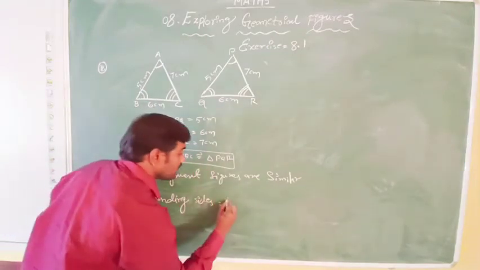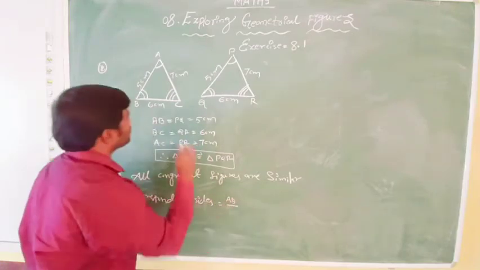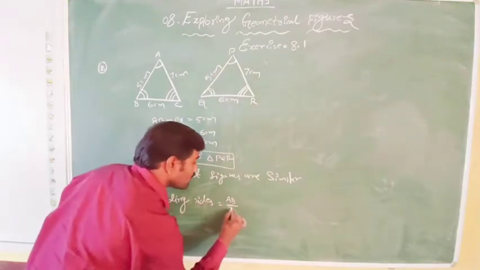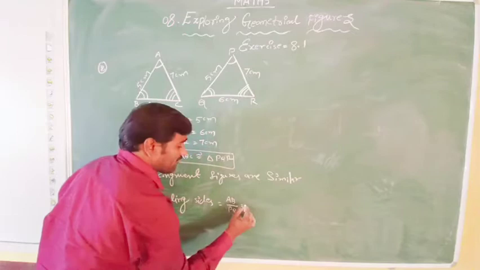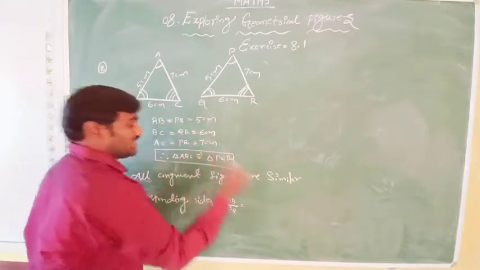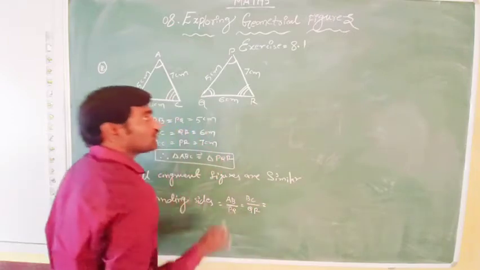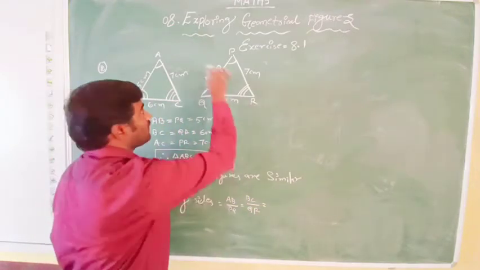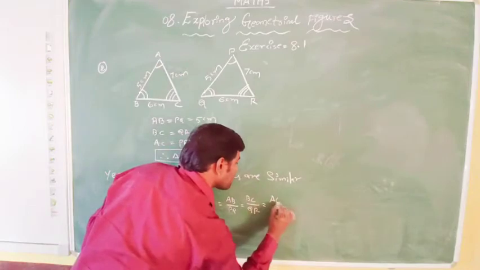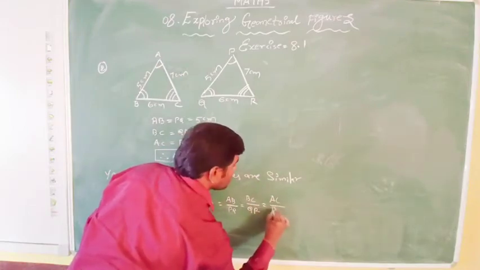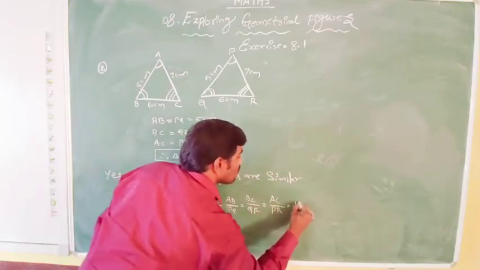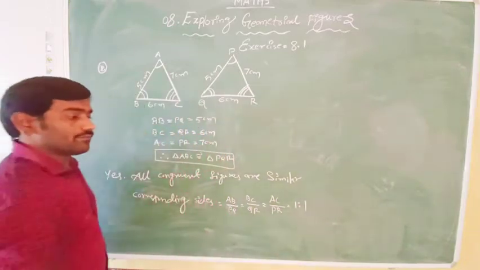Let us see. AB by PQ, what will that give us? 5 by 5, that equals 1:1. BC by QR is 6 by 6, that equals 1 by 1. AC by PR is also 1:1 only.